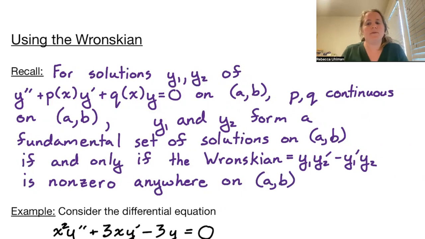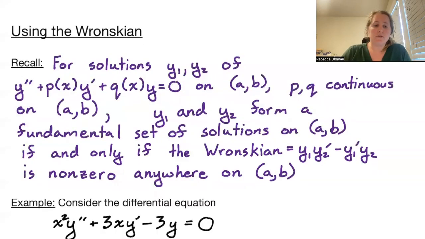We also saw that if it was non-zero somewhere on AB, it was non-zero everywhere on AB. So we can again use this fact to check if we have a fundamental set of solutions.